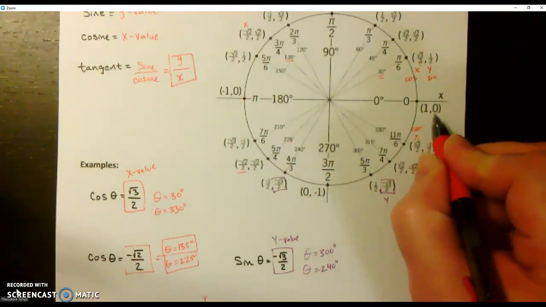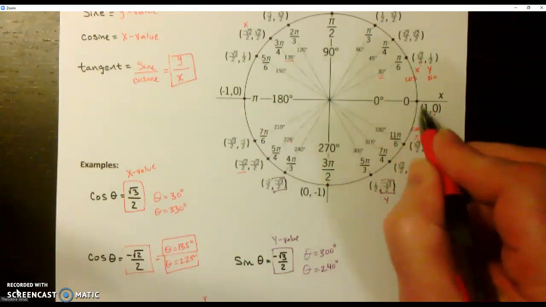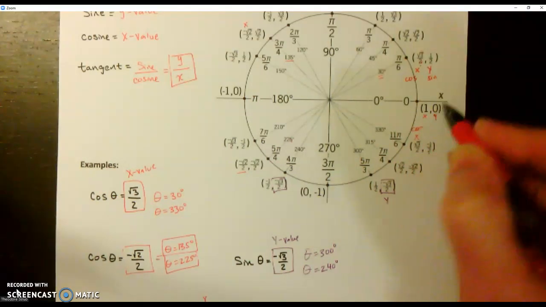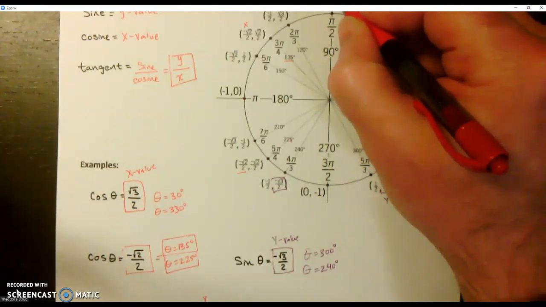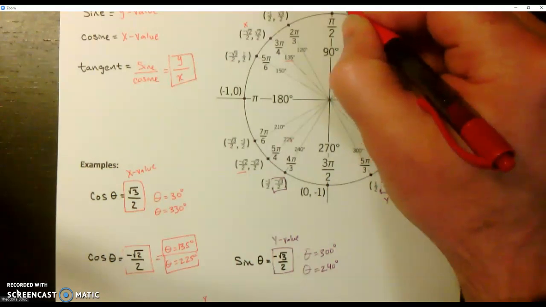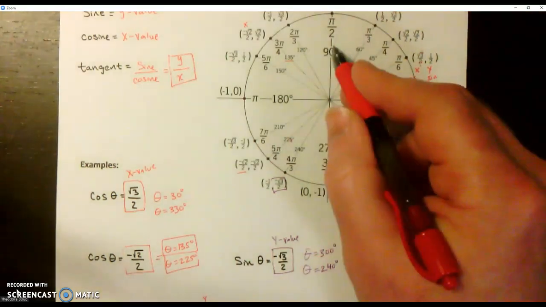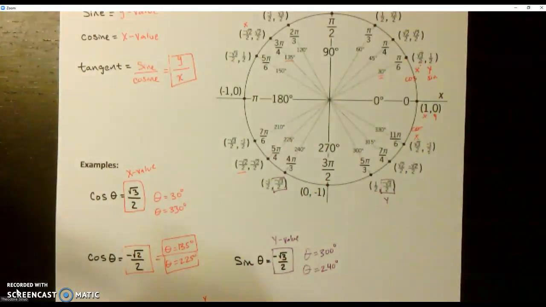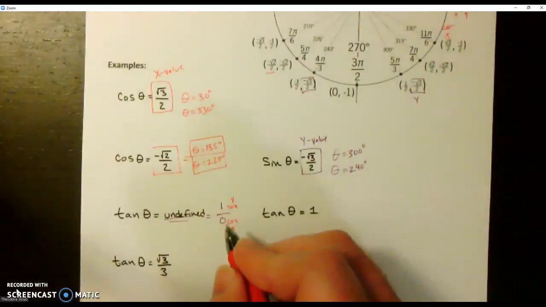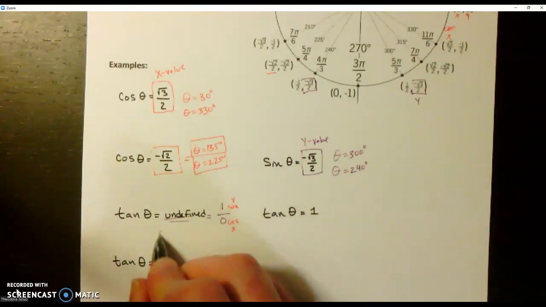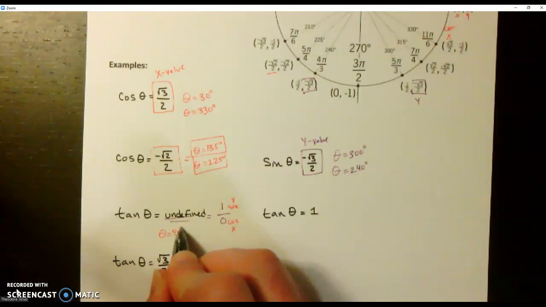If I look at the point on the origin at 0, 0, 0 degrees, 0 radians, the x value is 1 and the y is 0, but we don't want that. We want right up here. When is the x value 0 and the y value 1? Well, at 90 degrees, we get the ratio of 1 over 0, which is undefined.